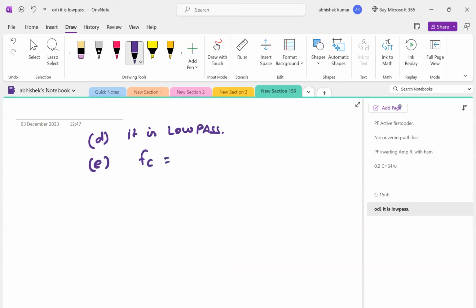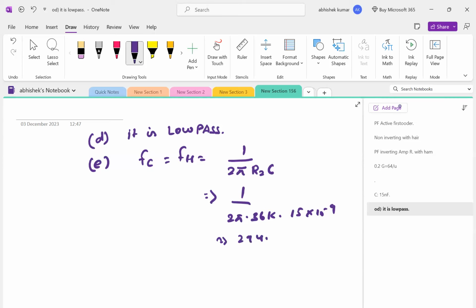So cutoff frequency FC, that is equal to FH, that is equal to 1 by 2 pi R2 C, that is nothing but 1 by 2 pi, R2 is given 36K, capacitor value is given 15 nanofarad. So if you simplify it, basically you will get around 294.8 Hertz.